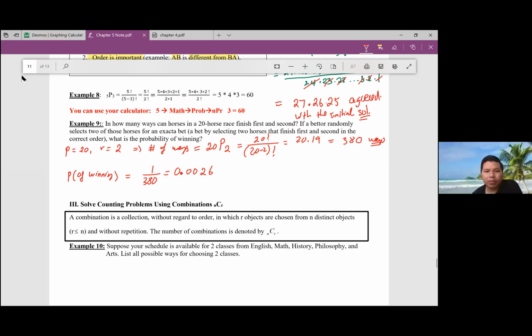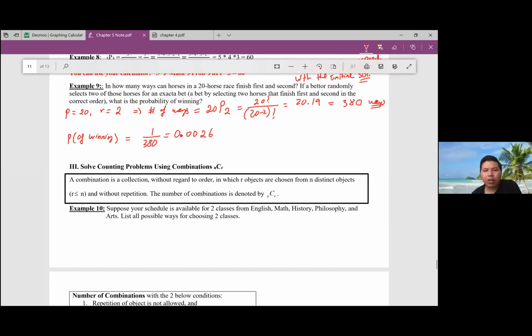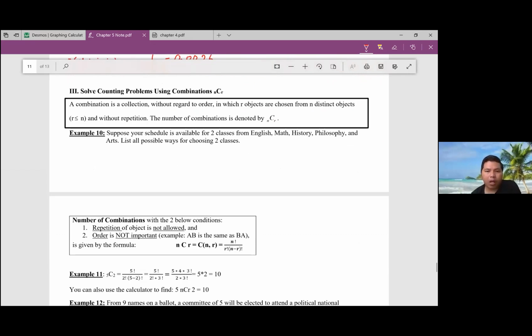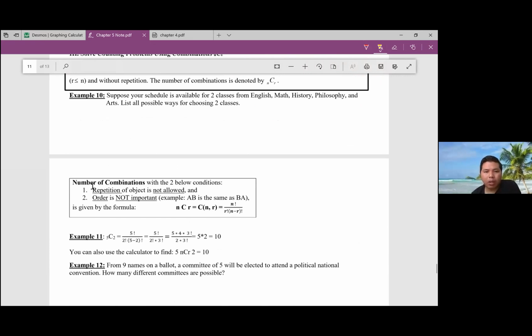Okay, sounds good. The next topic is combinations. What is a combination? How is that different from a permutation? Combination also follows 2 conditions. Number 1, repetition is not allowed.